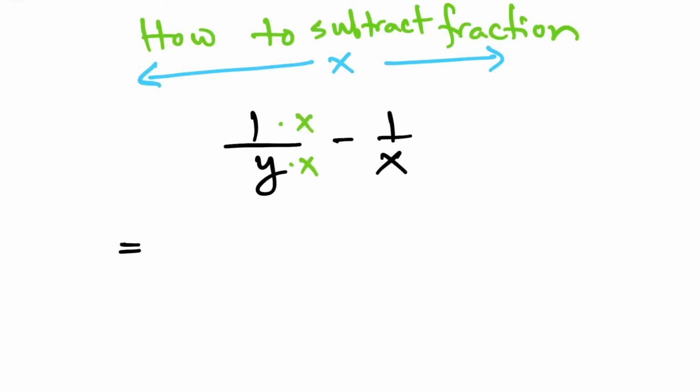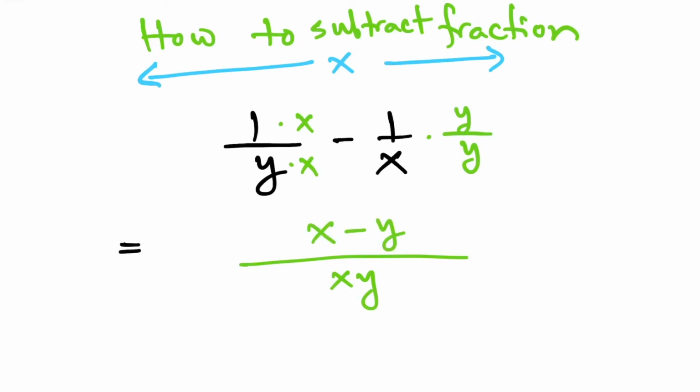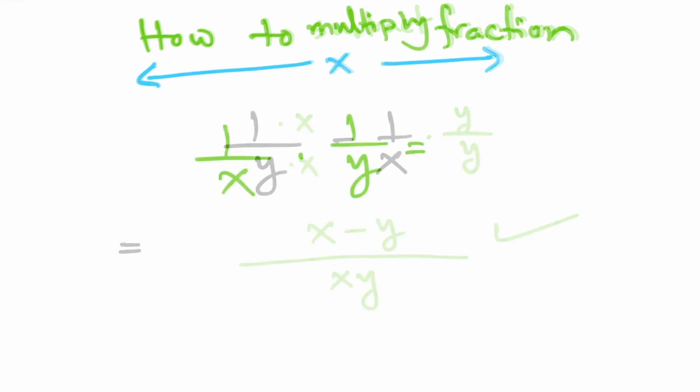So I'm going to multiply top and bottom by x, and here I'm going to multiply top and bottom by y. Remember, x times y and y times x are the same thing. So that means we have the same denominator. So I can write xy. So if the denominators are the same, you can add or subtract the numerators. In this case, we're going to subtract. So x minus y.